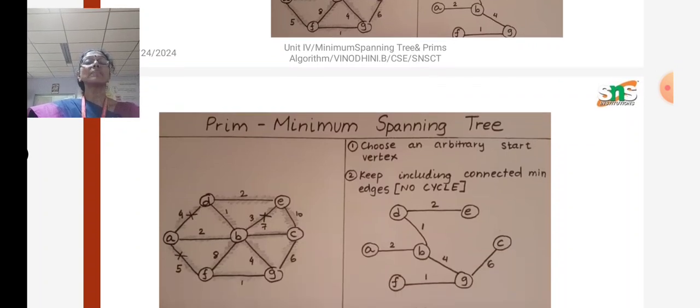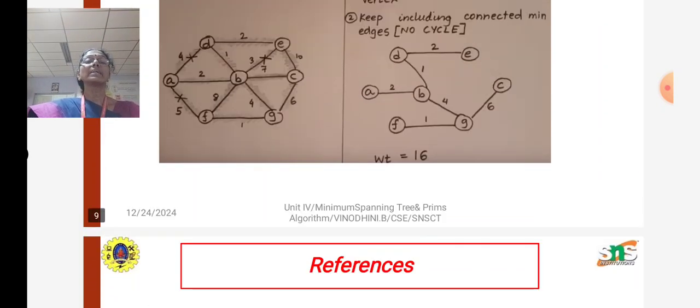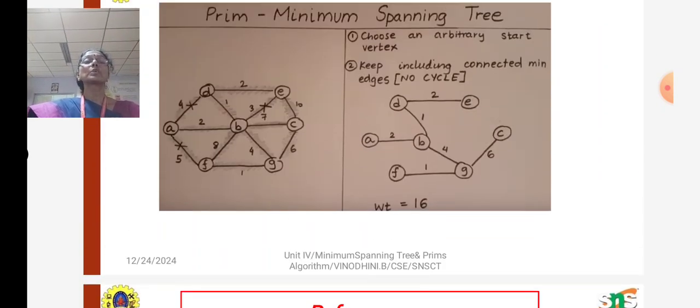So this is the final minimum spanning tree for the given graph. The cost of connecting all the edges is 2 plus 1 plus 1 plus 5, and so on, giving 16. This is the weight for the given graph. So this is the procedure to find the minimum spanning tree. First, select any vertex at random.